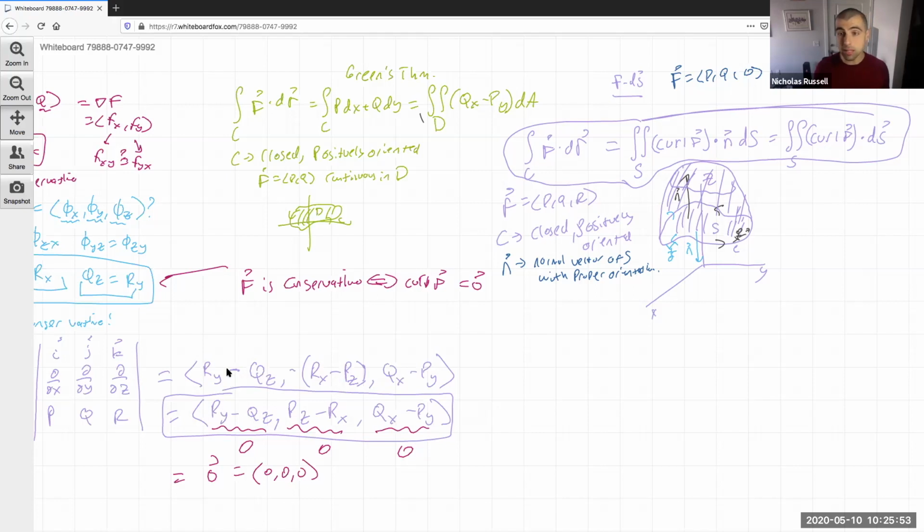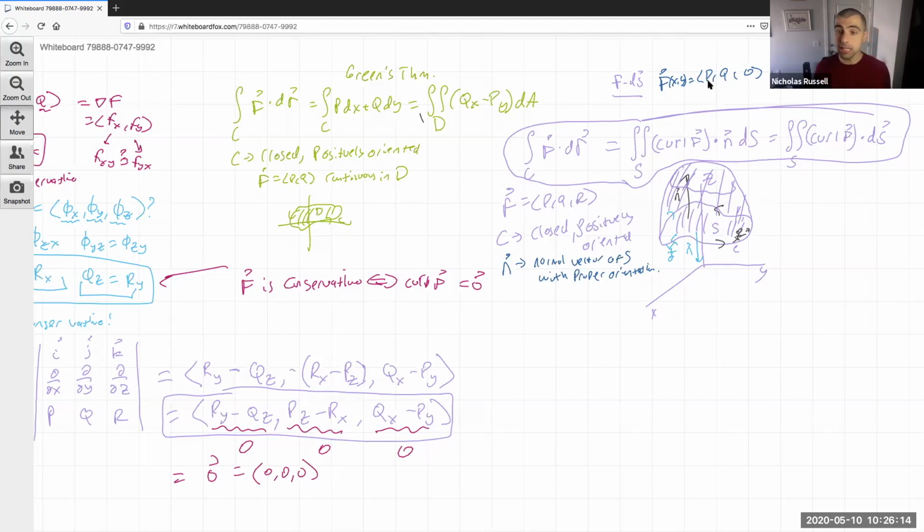Well, my vector field becomes this, and these are not dependent on z at all. F is only dependent on x and y here, just P, Q, and I have this 0 now. And let's say my surface is flat in some way, not dependent on z at all.